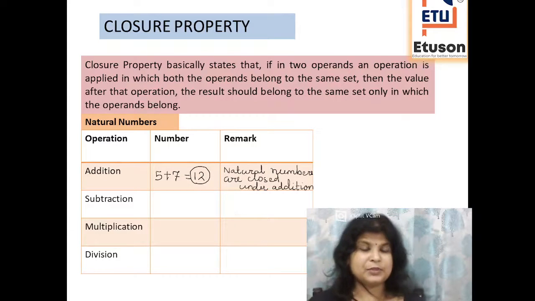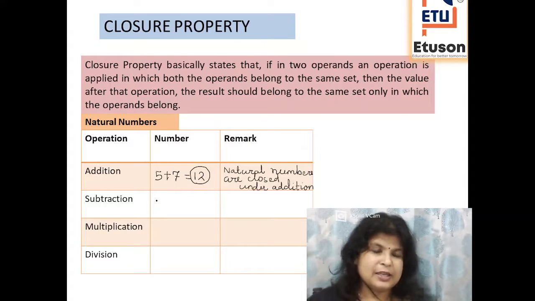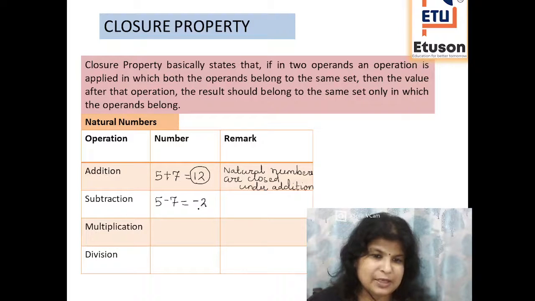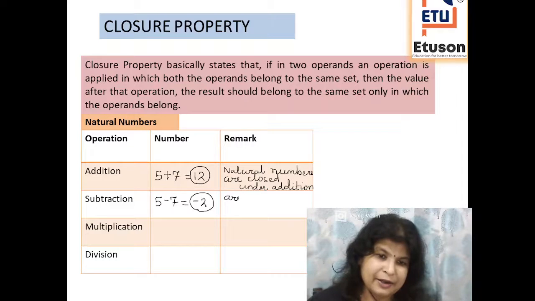Correct? So this is the way you should try. Now let us perform the subtraction operation. 5 minus 7. What's the value? That is minus 2. Is minus 2 a natural number? No, it is not. So you will write, natural numbers are not closed under subtraction.